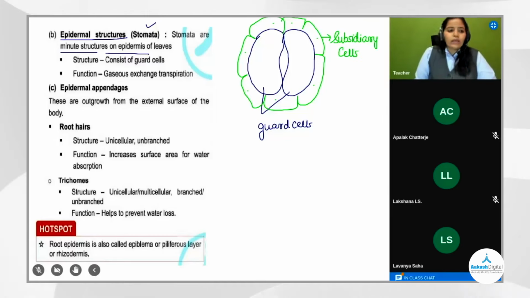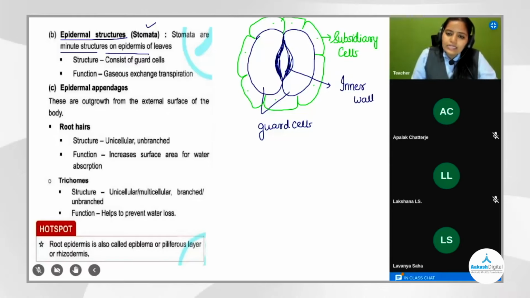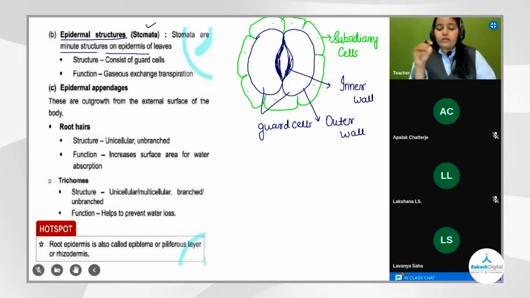Now, if I talk about this stomatal structure, can I just say that its inner wall is thick? In case of guard cell, its inner wall is thick, but the external wall, the outer wall, is thin. So this is the inner wall and this is the outer wall. As you can see in the diagram, it is thick from the inner side. The inner wall is thick plus elastic also.